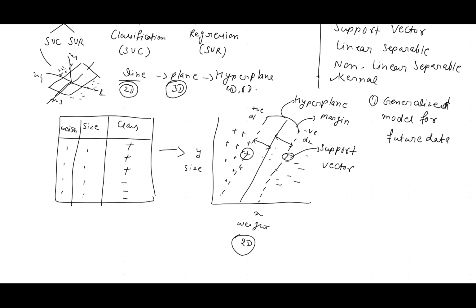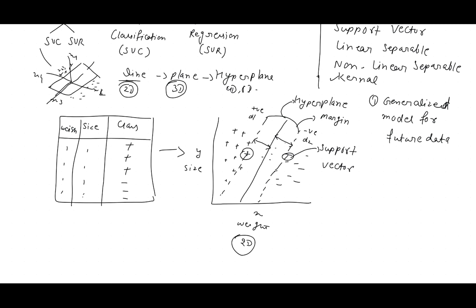That's why this is very, very popular. This is the goal of SVM, to create a more generalized model for future data. Even if the future data set has data points with a very high value or close to this one, it will always try to cover them.